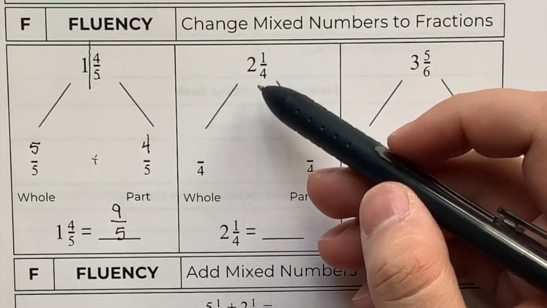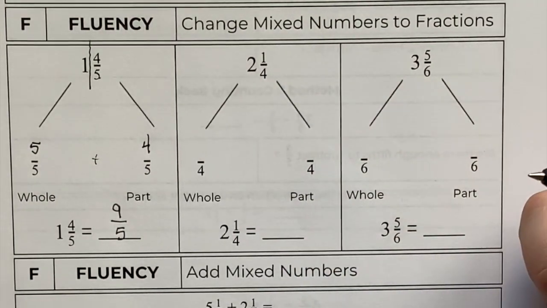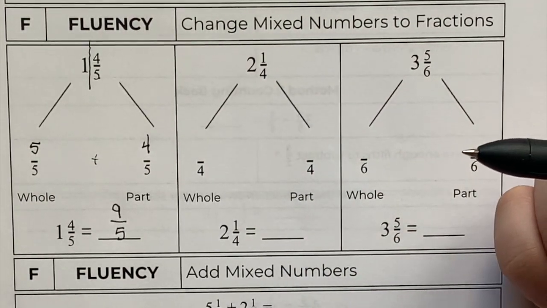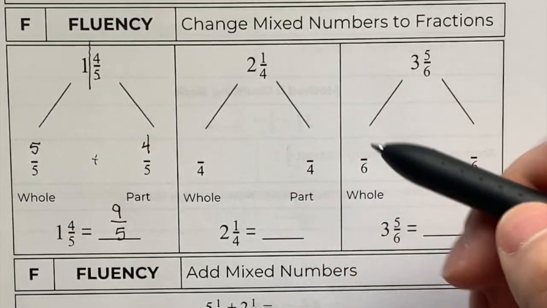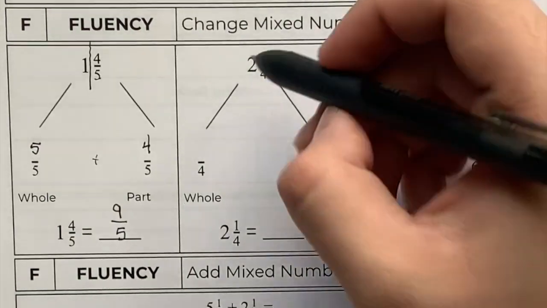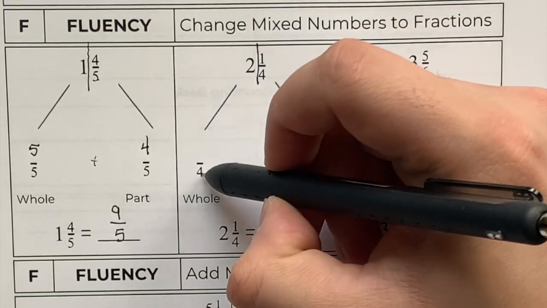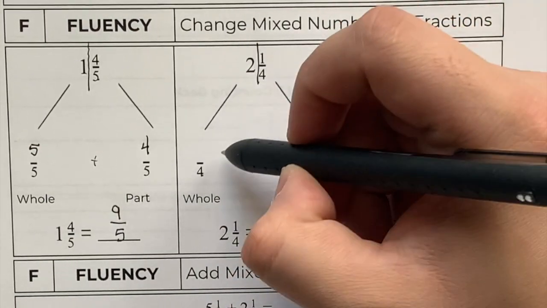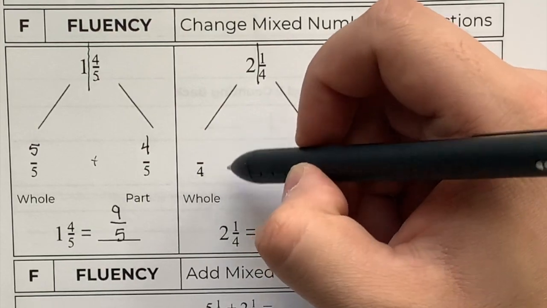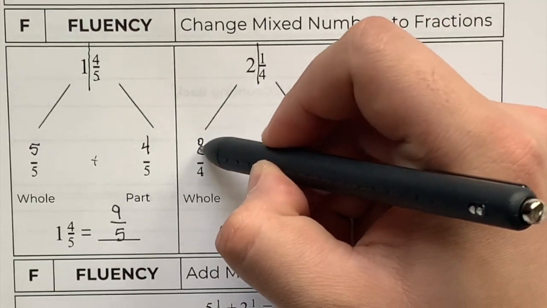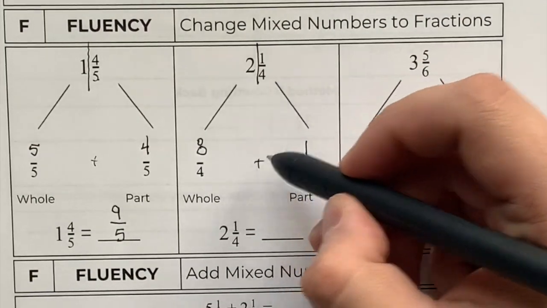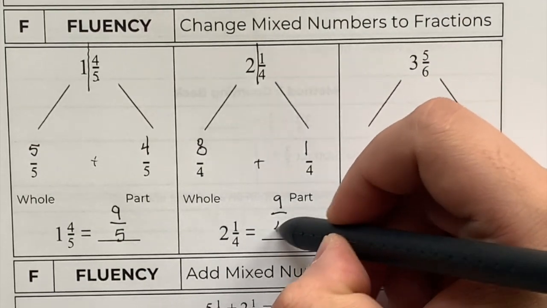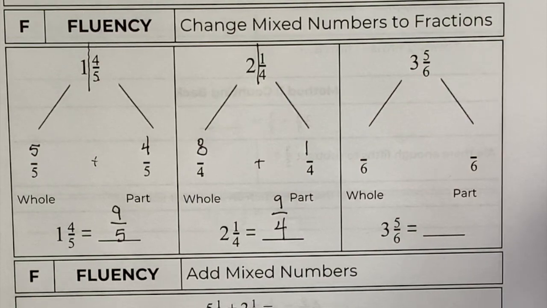Same with this one. I'll pause here in case you want to do the other 2 on your own before me. Okay, let's bring it back. First, I pull the whole number because it's 4. If I have 2, that means I have 4 fourths plus 4 fourths, or 8 fourths. And I pull the 1/4 that's left over. I add those 2 together to get my fraction.